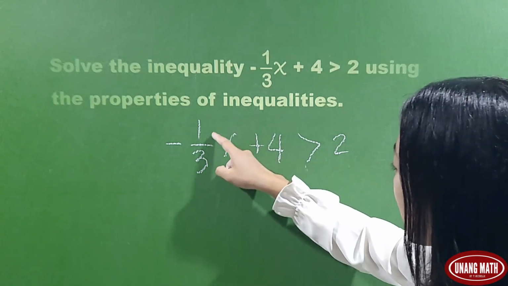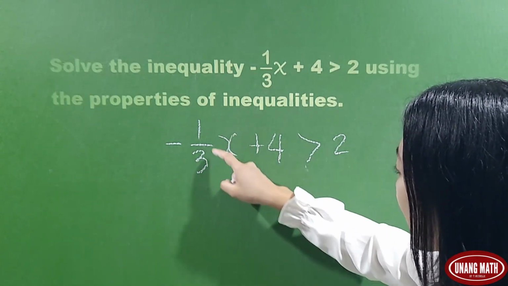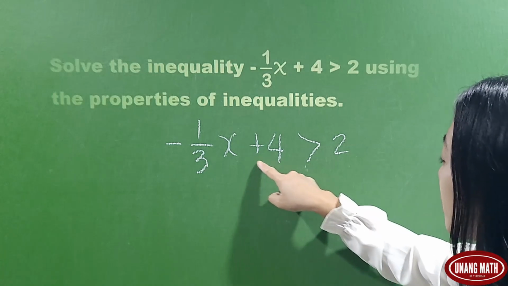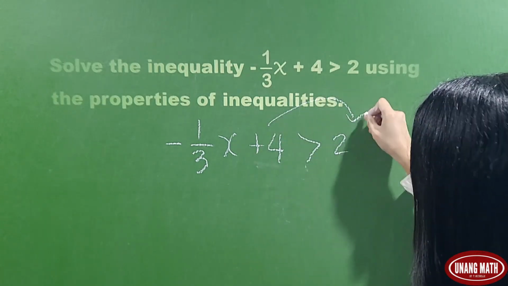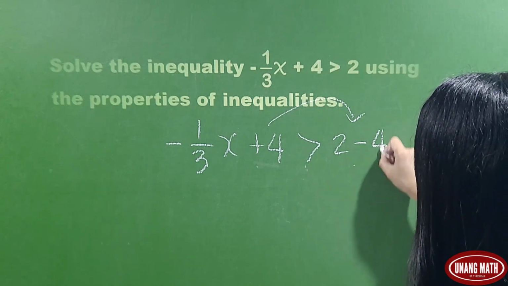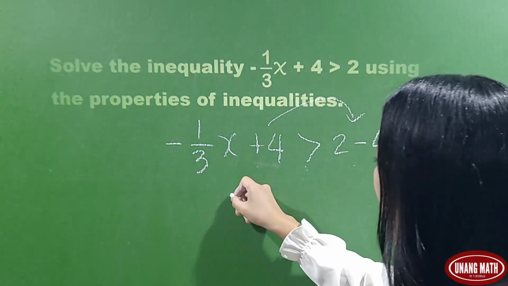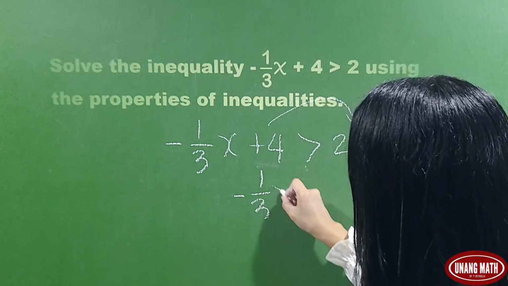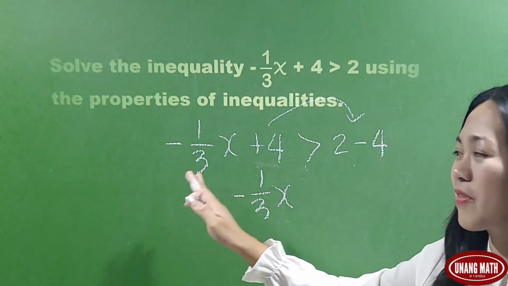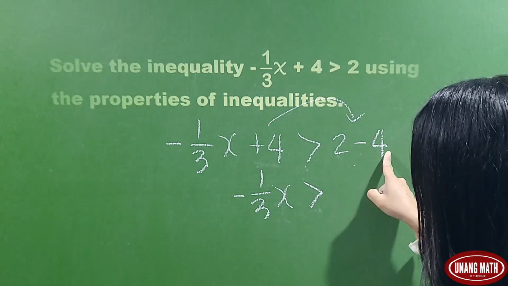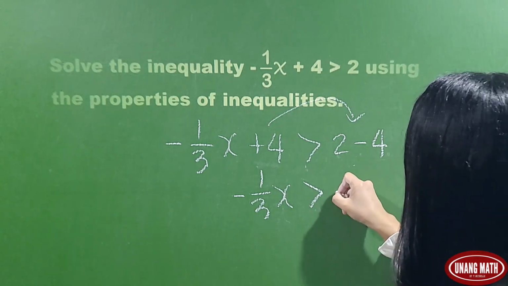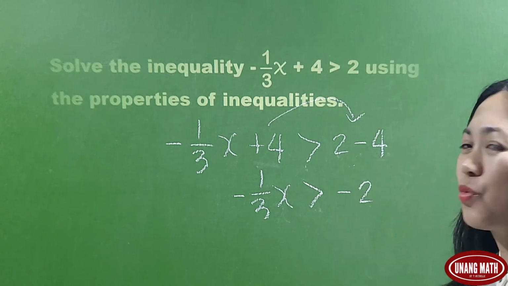Okay, we are trying to find the value of x. First, we have to remove plus 4 on this side, so move it to the other side. This is minus 4. So we only have negative 1 over 3 x on the left side of this inequality. This is greater than 2 minus 4, which is equal to negative 2.